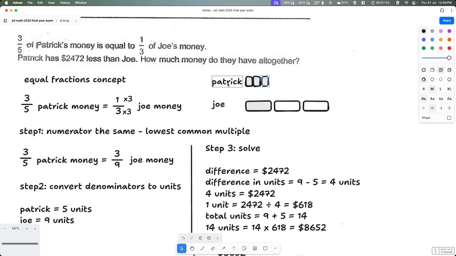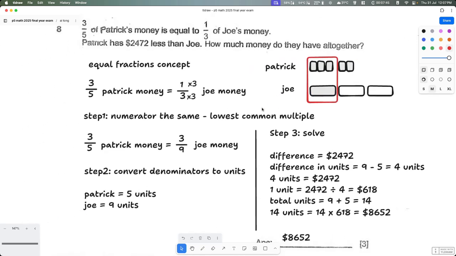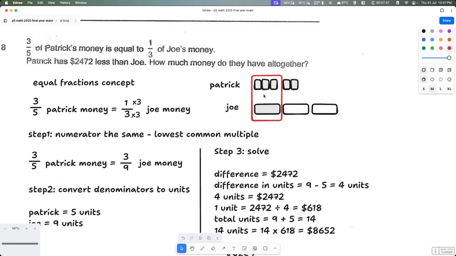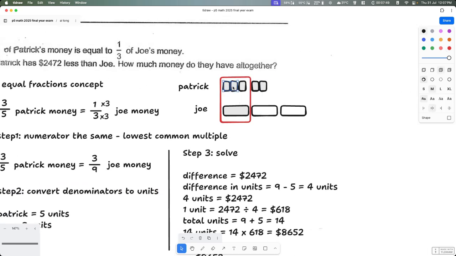So in this case, you could see that Patrick and Joe over here, this whole rectangle is the same. Okay. So since Patrick has 3 over here, then he has 2 over here as well, just to 3/5, right? Makes sense? Patrick 3/5 is equal to Joe 1/3. So that means Patrick in total has 5 units. Joe in this case would then have 1, 2, 3.